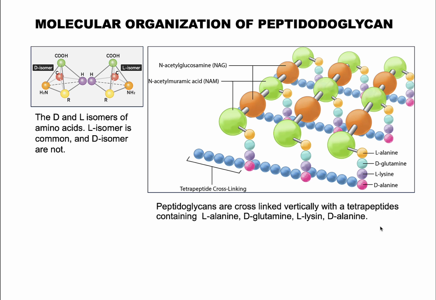The tetrapeptide can cross-link directly with the D-alanine of one tetrapeptide connected to the L-lysine or DPA of another. In many gram-positive bacteria, a cross-bridge composed of 5 amino acids such as glycine, the peptide interbridge, links one tetrapeptide to another.